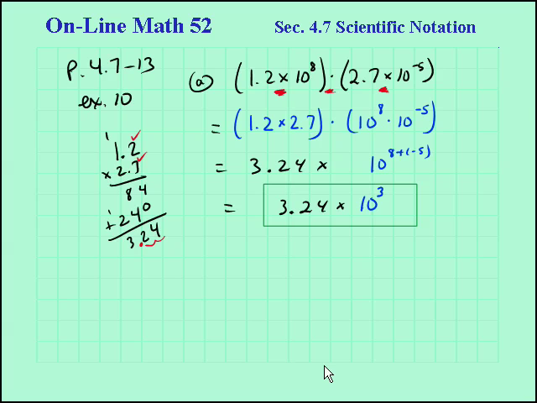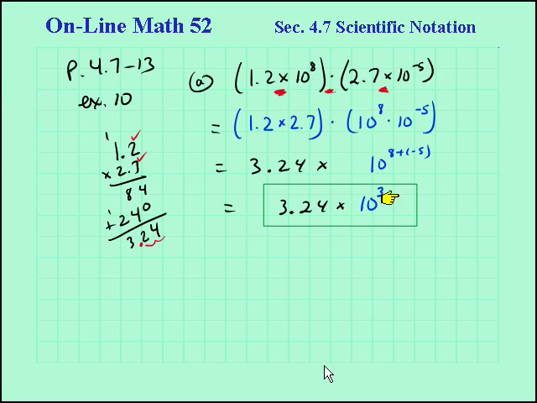And there's our answer. So again, we brought the coefficients together and did whatever operation. Here we had to multiply, so we multiplied those together. Found it to be 3.24. Here we got the powers of 10 together also, and then did what comes natural, which is, in this case, when we multiply, we add the exponents.